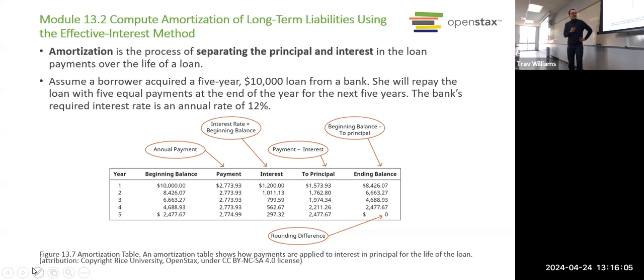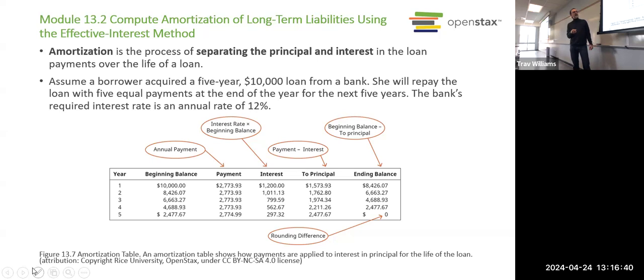What we have to do is calculate how much of each payment is going towards interest, how much is going towards the principal or paying down the loan. So what we do is we take the beginning balance, multiply it by the annual interest rate. Fortunately, these are annual payments, so it's nice and simple. If they were quarterly or monthly, then we'd have to factor that in. But if it's an annual payment, take the beginning balance times the annual interest rate.